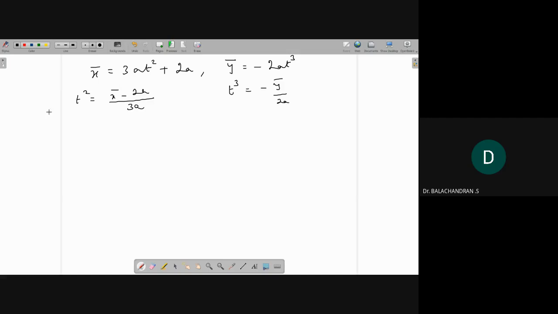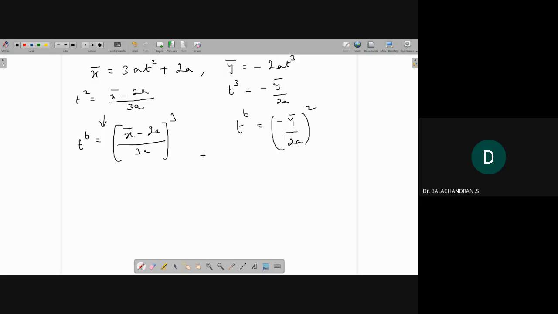So I'm going to take cube on both sides here, then I'll get t power 6. Taking square on both sides here, I'll also get t power 6. So t power 6 is equal to x bar minus 2a divided by 3a whole cube, and squaring on both sides, t power 6 equals y bar by 2a whole squared.